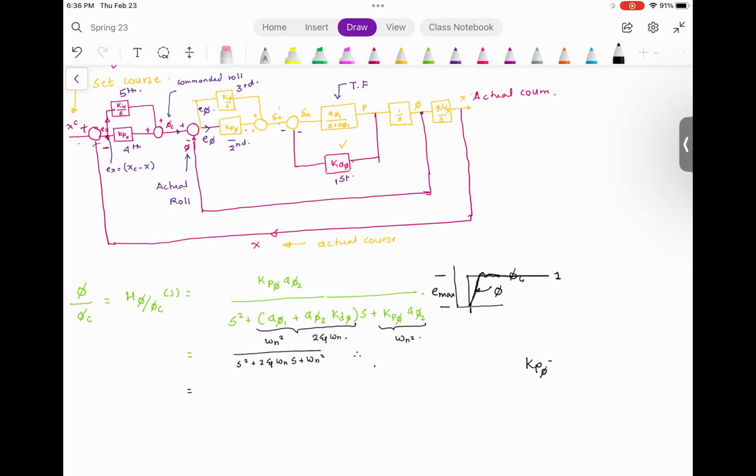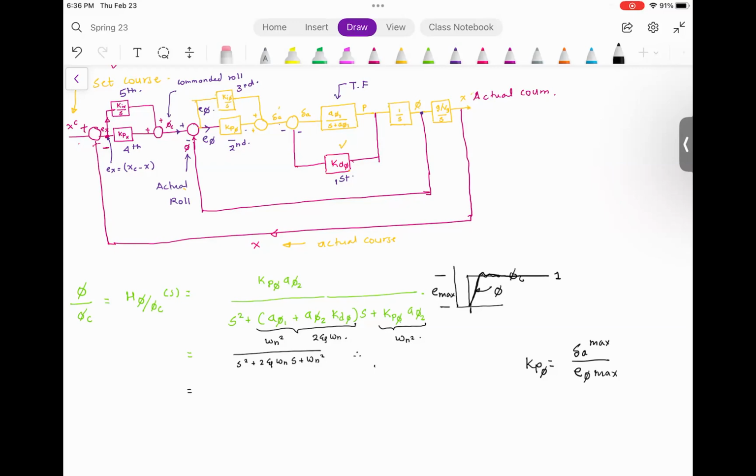So I find out the value of K phi as nothing but delta A max, which is the maximum actuator deflection that I can achieve, divided by E max.